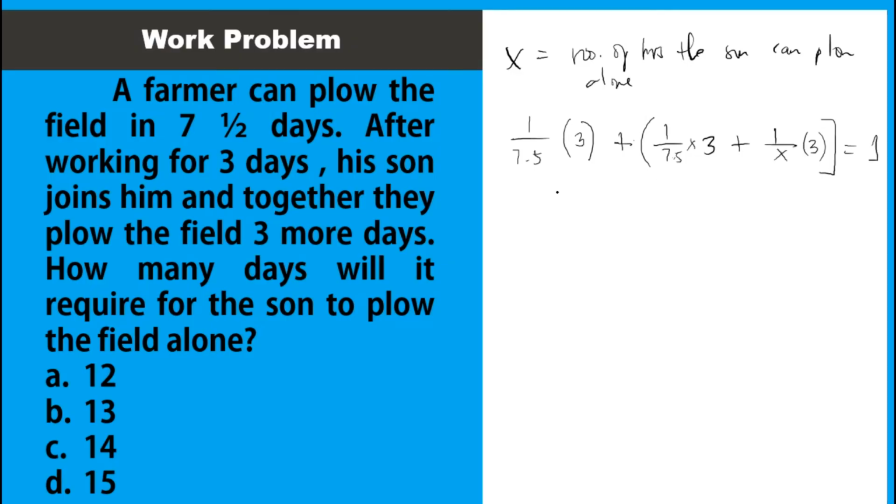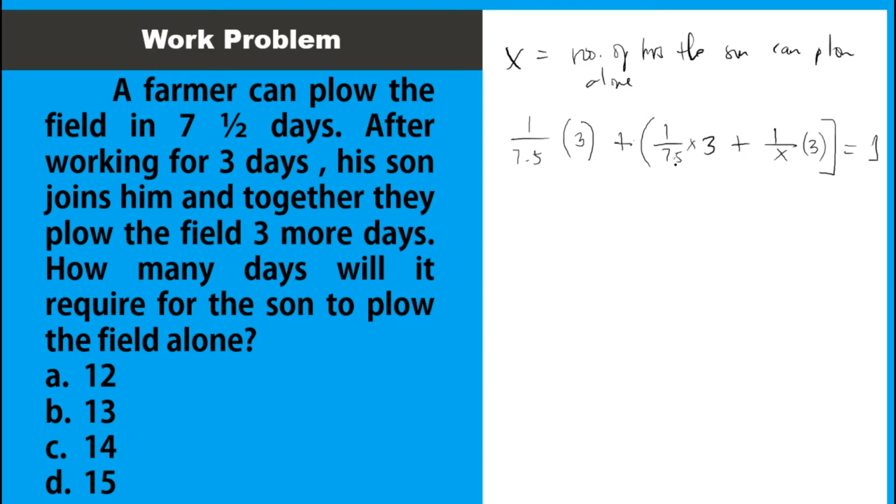This is the part wherein the father worked alone for 3 days. His rate is 1 complete job per 7.5 days, so multiplied by the time, you find the fraction of the job done by the father: 1 over 7.5 times 3 days.